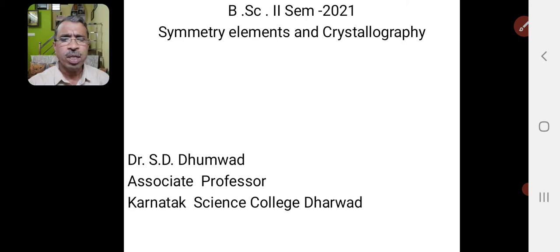These include the identity element, axis of proper rotation, a center of inversion, mirror planes, and axis of improper rotation. It may, however, be noted that all these elements may or may not be present in a given case.